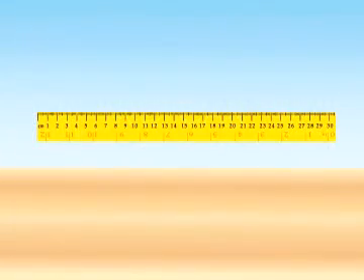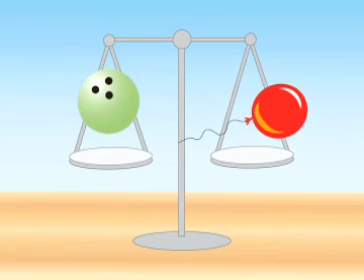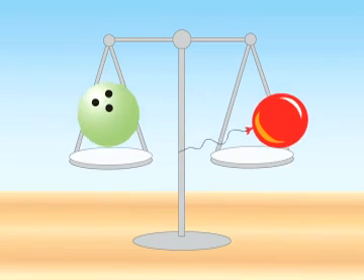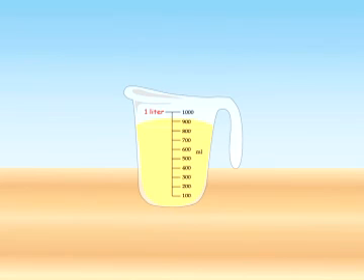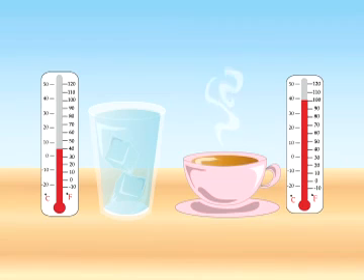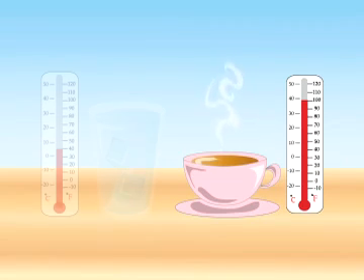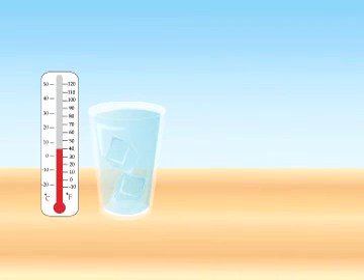We can measure things. We can measure how long something is. We can measure how heavy something is. We can measure how much space it takes up. We can measure how hot or cold something is.